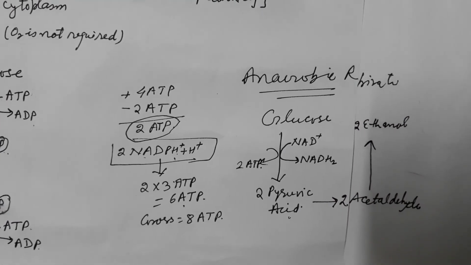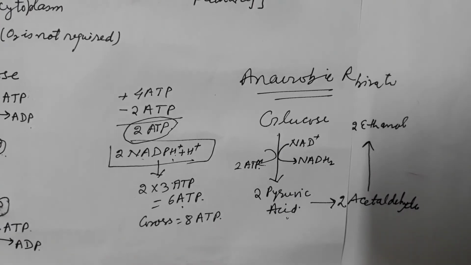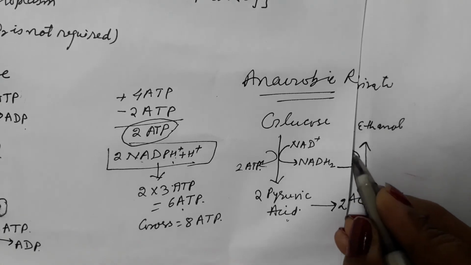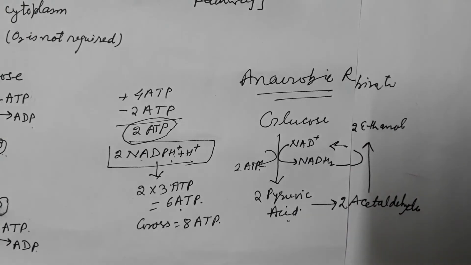And in this step, when 2 molecules of acetaldehyde are converted into 2 molecules of ethanol, these NADH2 are utilized here and we get NAD+. So in case of anaerobic respiration, these NADH2 are not encashed into ATP. So there is a net gain of 2 ATP molecules in anaerobic respiration.